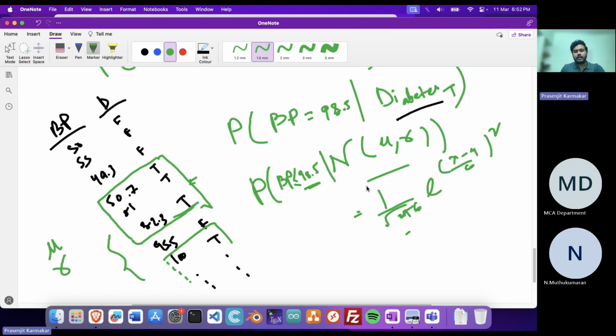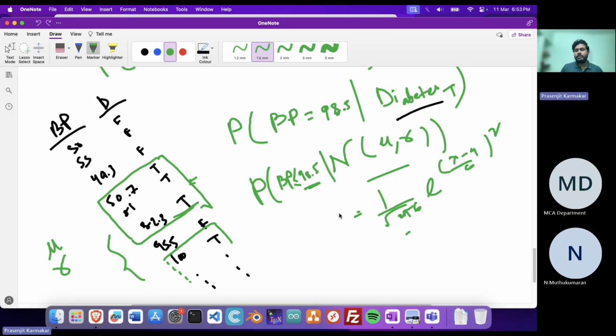So to get the mass, you have to integrate up to 98.5. Or anyway, you can also put this value here to get the density at that point. Okay. So we will see how we have implemented it in code. Anyway, if you just put that value here, that would also work.